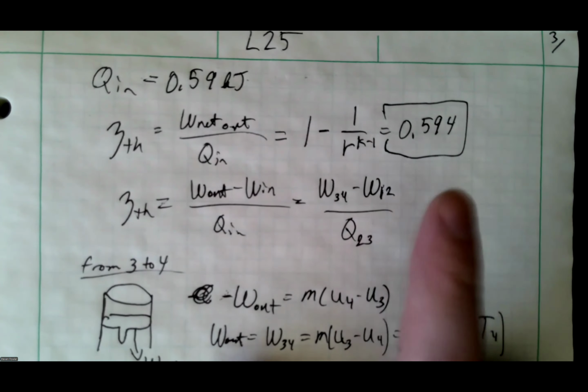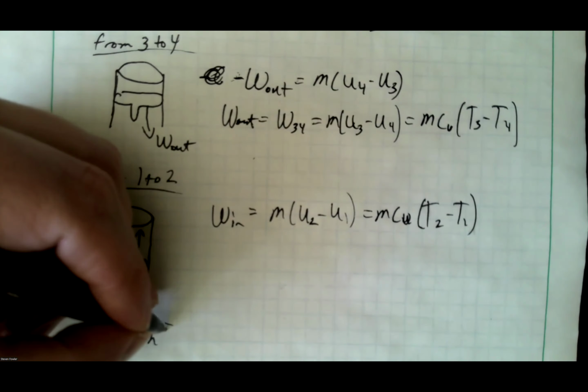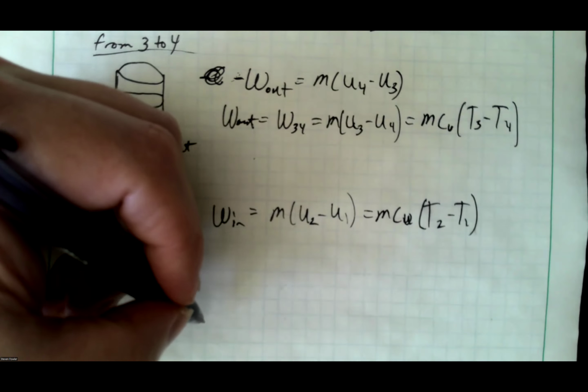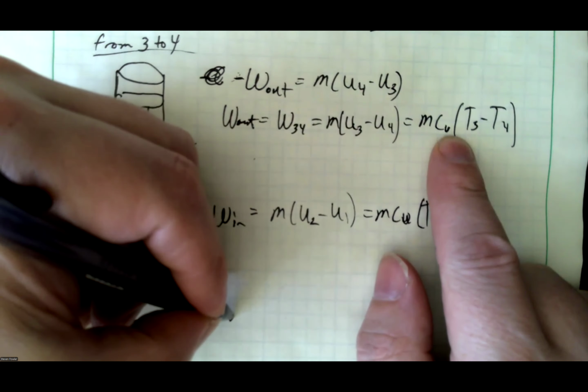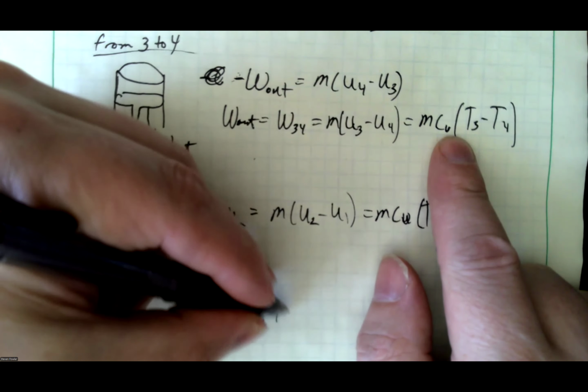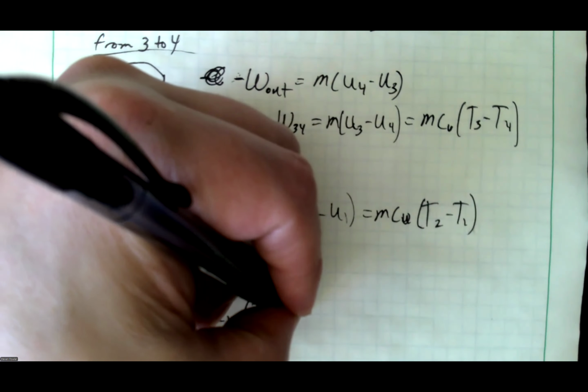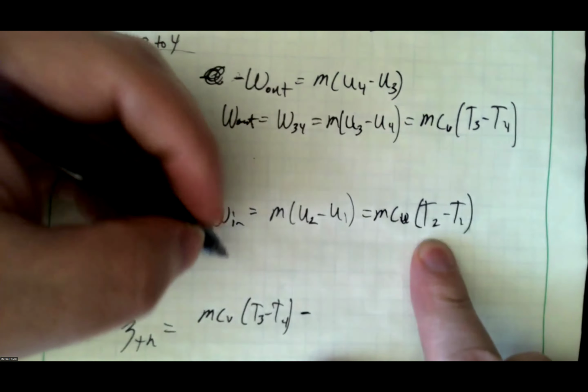So why am I doing this? I'm plugging these in here for the efficiency. Thermal efficiency is going to be the work from 3 to 4, which we found here, m c sub v times T3 minus T4, minus the work in.